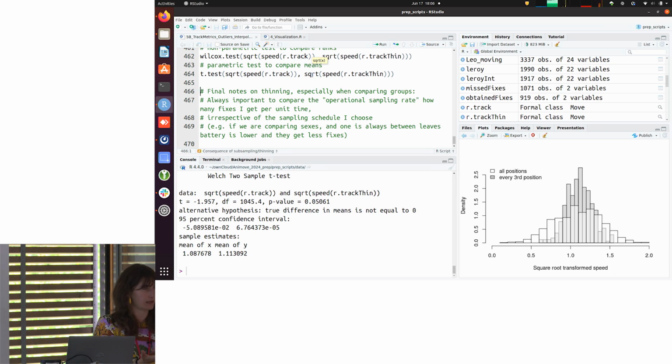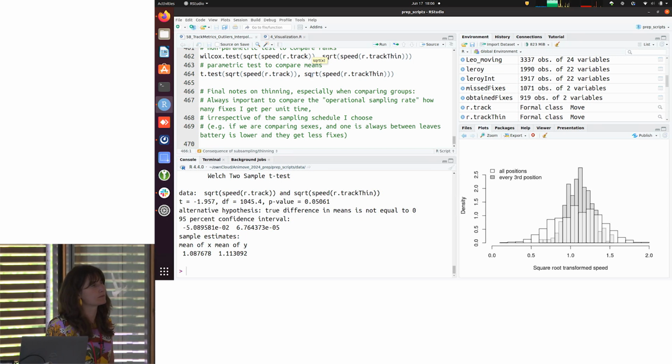I don't remember exactly what it does internally, but it's different from removing every third location, which is a very rough way to do it. AMT does a much better job, much more accurate.